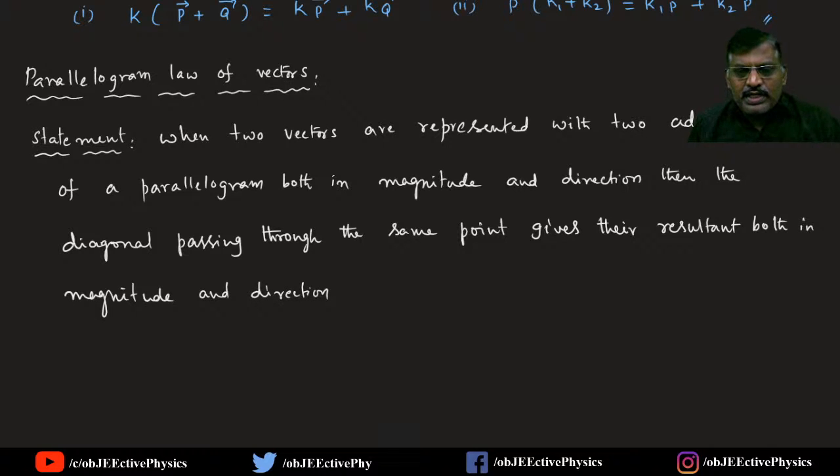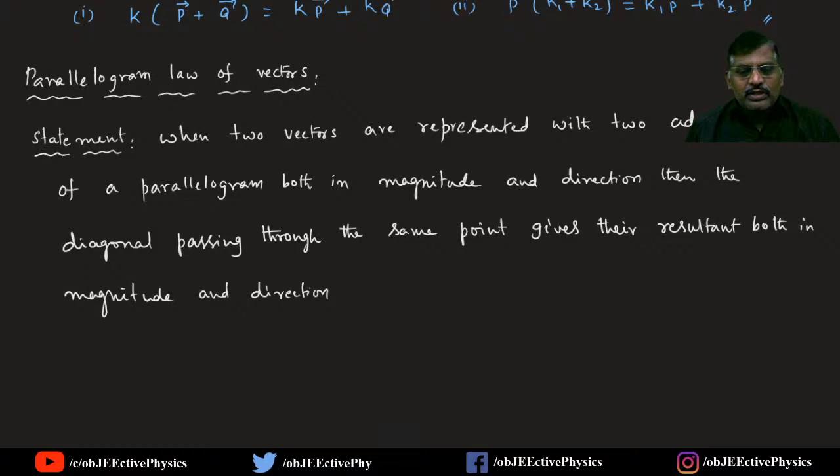Listen students, read carefully the statement of the parallelogram law of vectors addition. After completion of the discussion and proof, you will get clarity on this statement. Nothing to worry immediately.